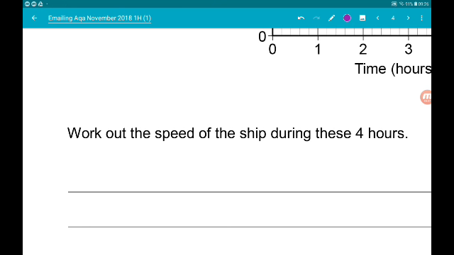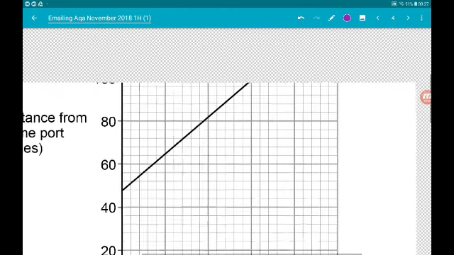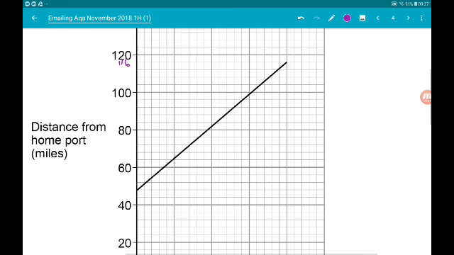Speed is distance over time. Now we know in this whole graph we are travelling for 4 hours. The line is straight, which means a constant speed. So we need to work out the distance.